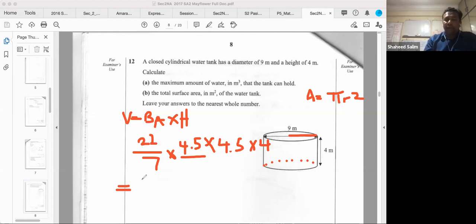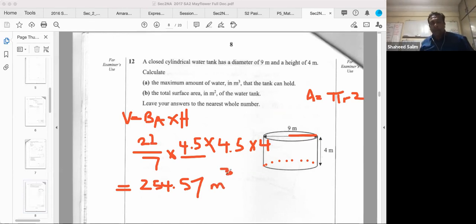You get 254 something. You put all these numbers inside the calculator, you get roughly that. Okay, so your answer is quite close, 240, but not close enough.